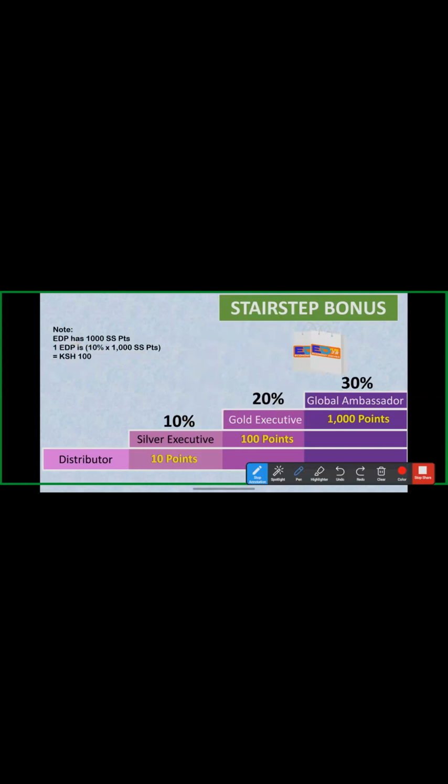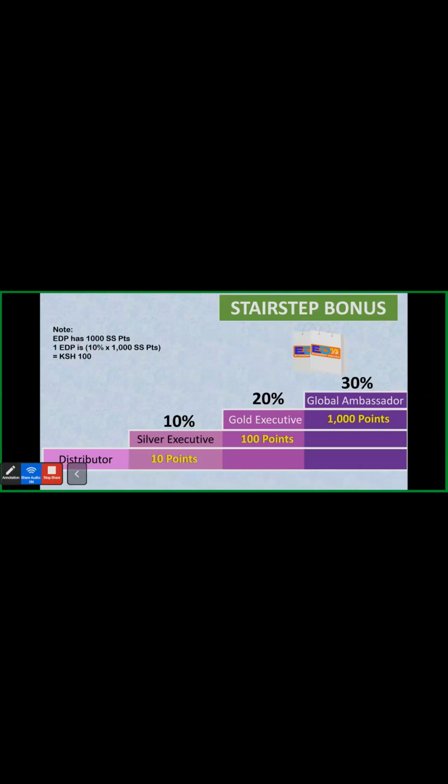I hope we are clear up to that point. So in that scenario, if that is Victor and is a silver executive prime, even if he himself sponsors someone, let's say Victor registers someone in the business, you'll get 10% of the stair step points, which is 100 shillings, and every code that is registered in that team, you'll be getting 100 shillings.